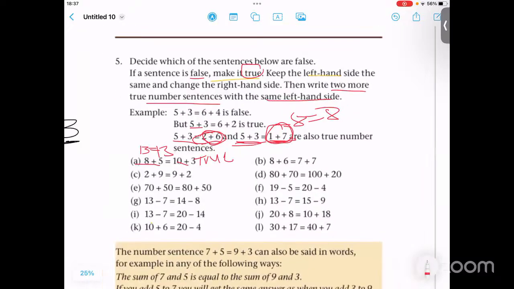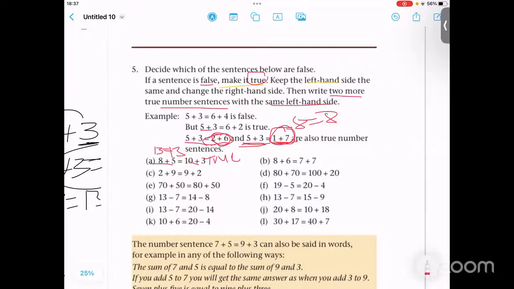Now I'm going to ask you, do we have to make changes to this number sentence? And why are we making a change? We are not going to make a change because they said decide which of the sentences below are false.